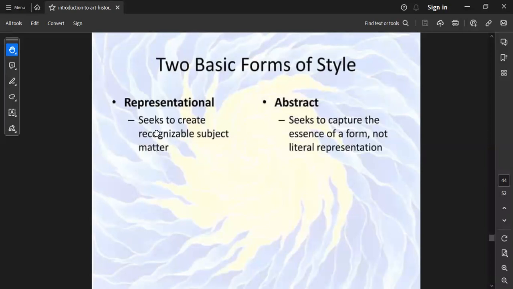So there is a balance between subjective essence and objective essence, which seeks to create recognizable subject matter. That means whatever the artist has drawn, even if you're not an artist, you as a layman are able to understand. For example, you have landscape paintings. There is a tree, you understand that is a tree.